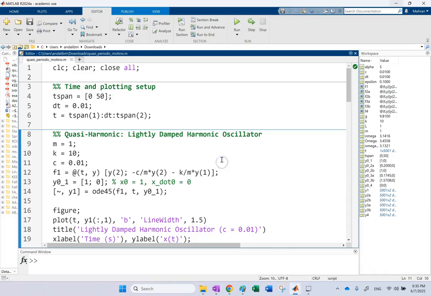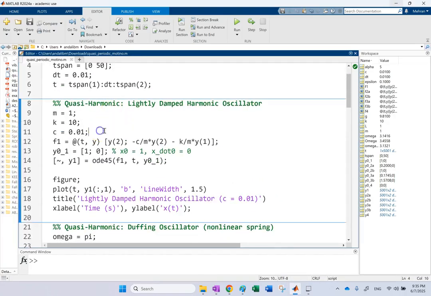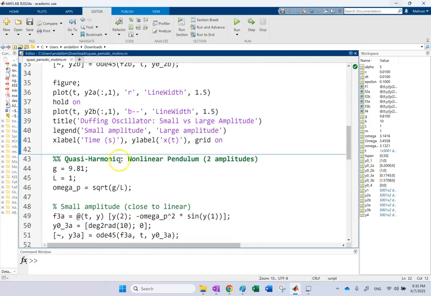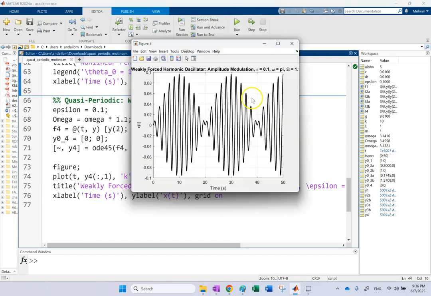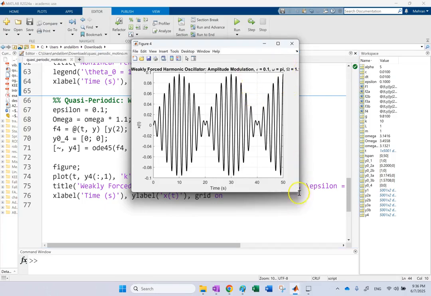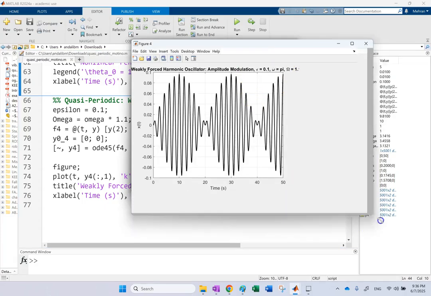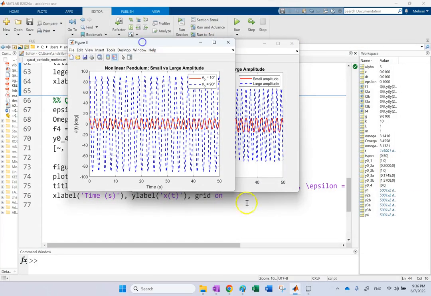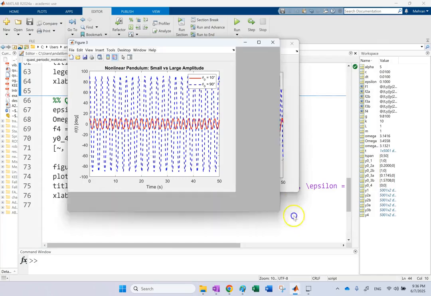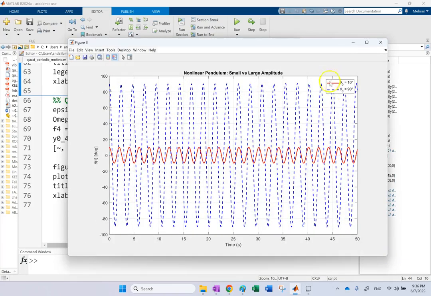And finally, here is my MATLAB code. I simulated each and every one of these four systems, and all you need to do is to simply run it. So this is your quasi-periodic motion, the beat. Okay, and then this is your nonlinear pendulum for two different initial conditions or two different amplitudes.